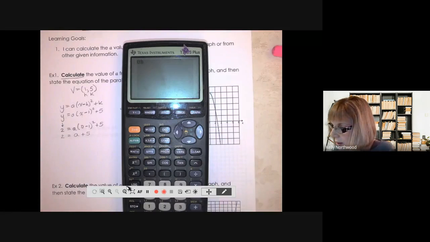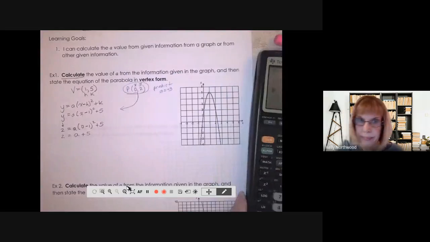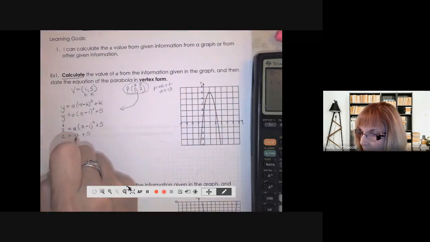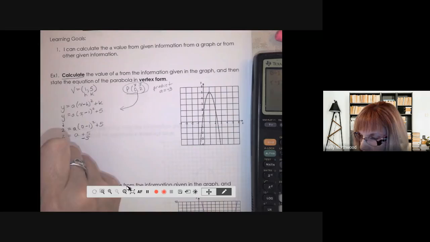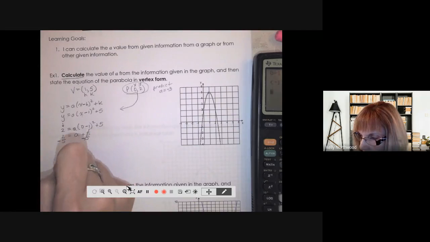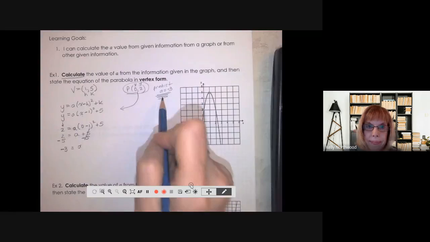So 0 minus 1 is -1, -1 squared is +1, +1 times A is A. And then I want to get A by itself. So I'm going to subtract 5 on both sides. So I get A is -3, which was what our prediction was.